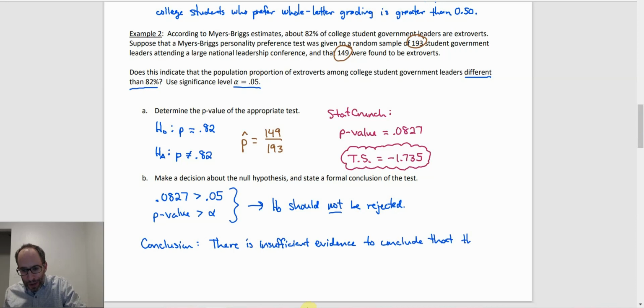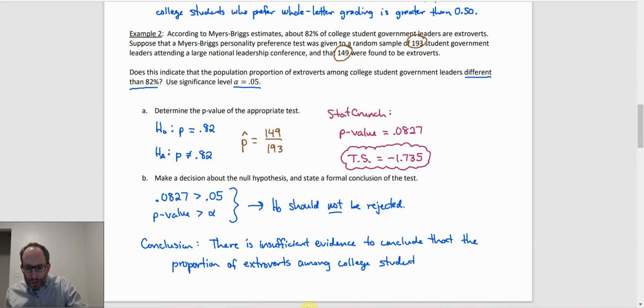So I'm just going to copy it verbatim, that the proportion, I guess I could say it as population proportion, but I'll just write proportion of extroverts among college student government leaders is different than 0.82.